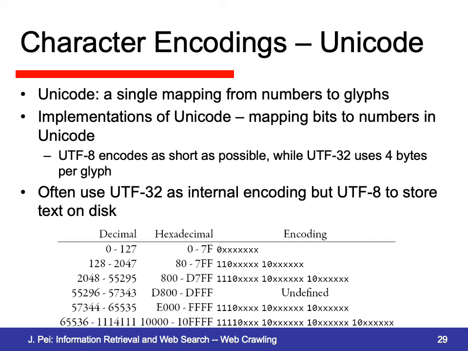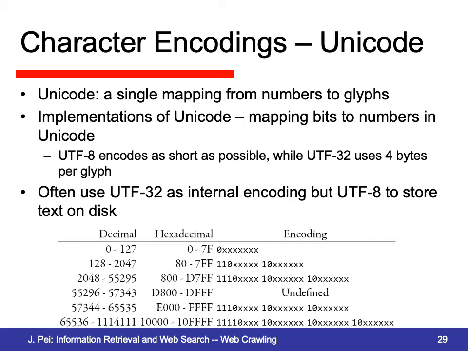We have different ways to implement Unicode. The general idea is that we can map bits into numbers in Unicode. For example, UTF-8 encodes as short as possible, while UTF-32 uses 4 bytes per glyph.